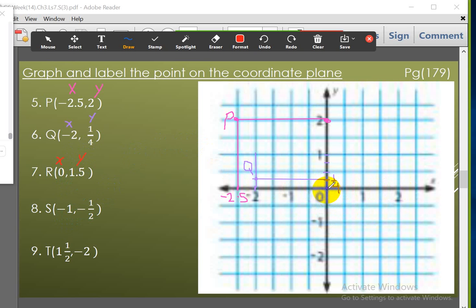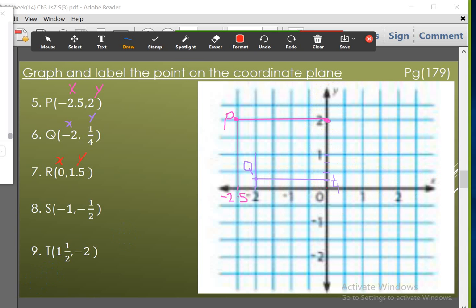The X is 0 and the Y is 1.5. That means the point is located where? In which axis? Because the X is 0. Who will tell me? In which axis? The point is located on the Y axis because the X is 0.